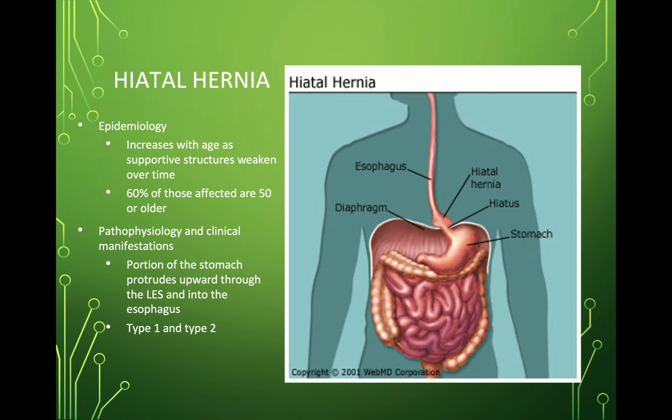So there's some sort of problem with the tightness, I guess, of the sphincters, the structure there, where the stomach is no longer below the diaphragm where it's supposed to be, but rather it's above the diaphragm. Your book talks about multiple types, but really we just focus on type 1 and type 2.